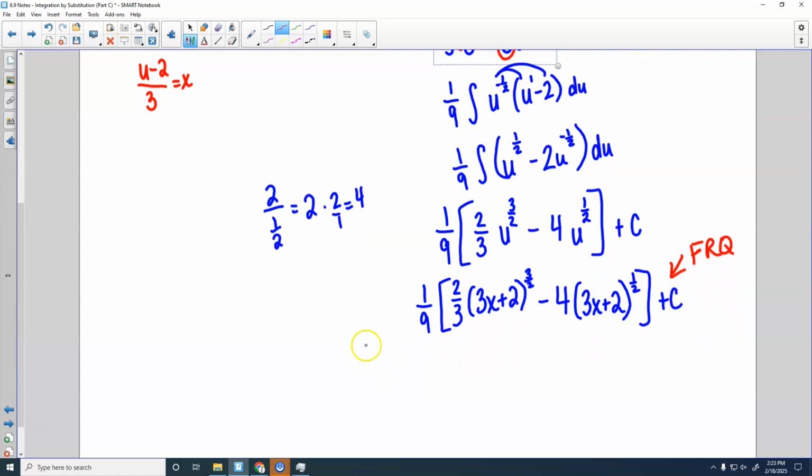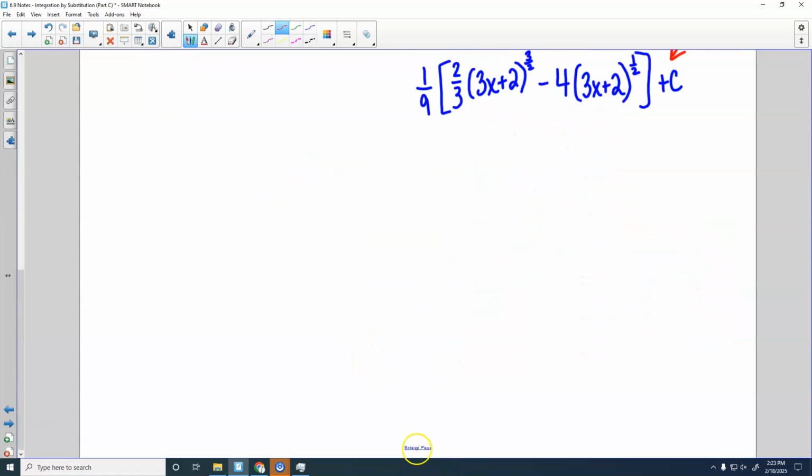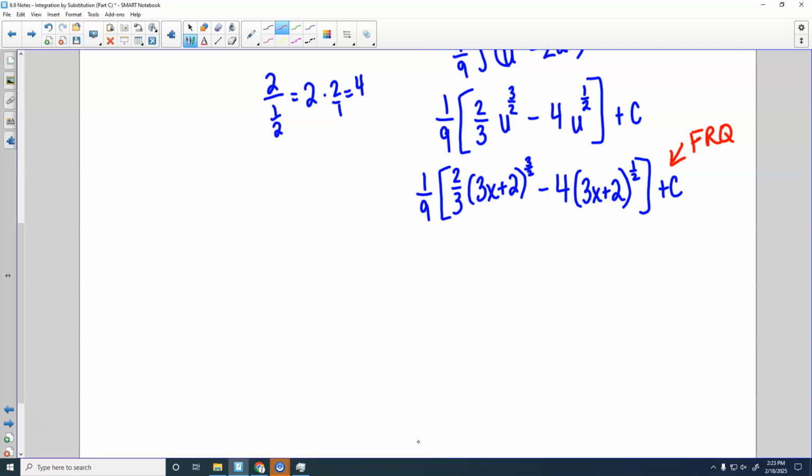But you may see this where they factor out a 3x plus 2 in this case. So let me simplify that way once at least so you have seen it. I would probably go ahead and distribute that 1/9 just to have that not hanging out there up front.